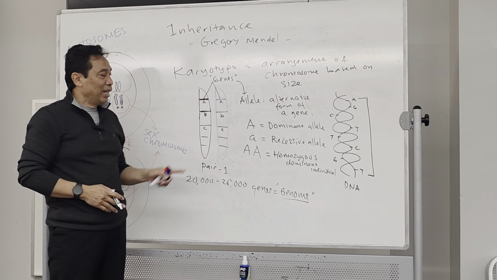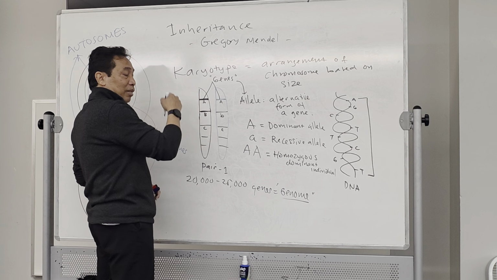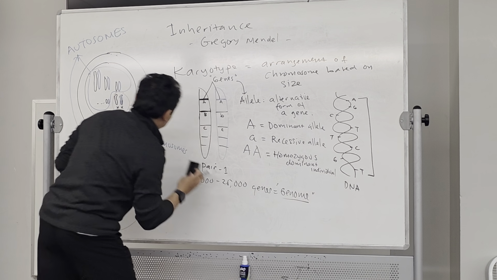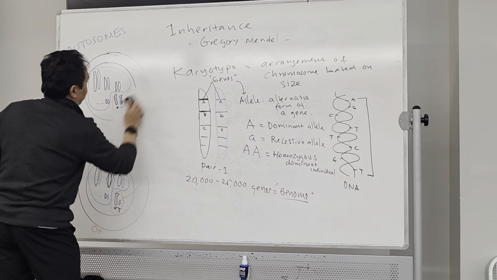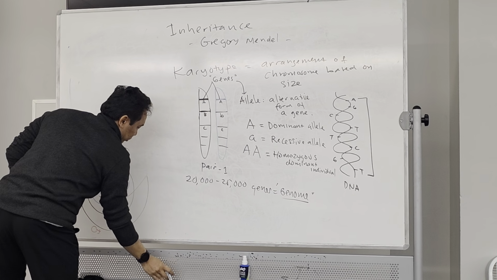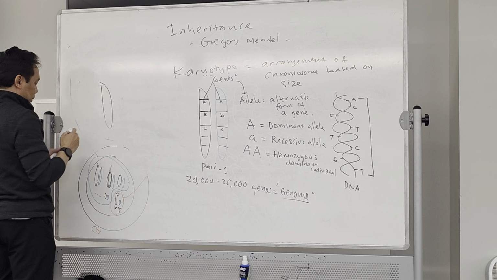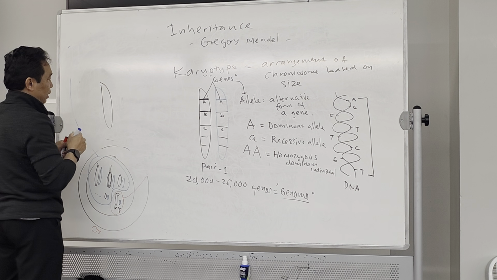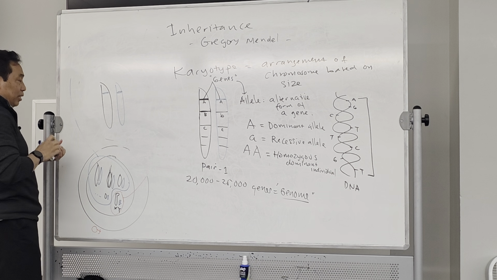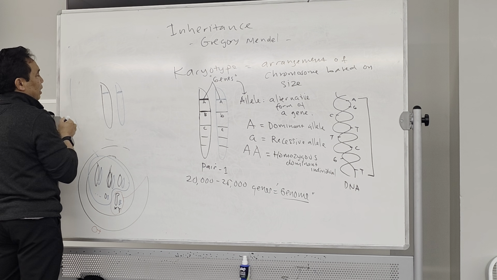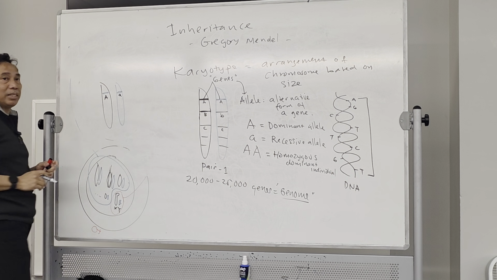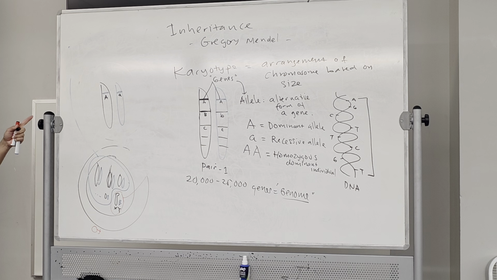Now, let's say there is another person that carries, okay, he got the capital letter, the dominant allele, from the father, but he actually received the recessive allele from the mother.